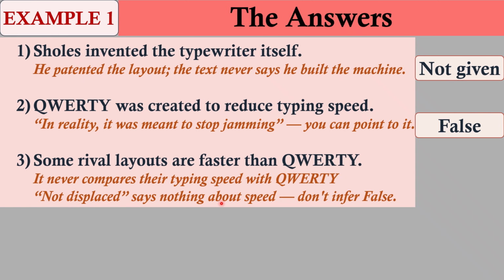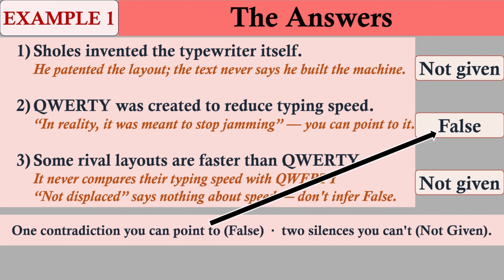Remember our test. Can you point to any words that explicitly say they are not faster? No. The text is completely silent on speed. Not stated is not the same as contradicted. So the answer is not given. Have you seen the pattern? One contradiction you can point to, two silences you can't.